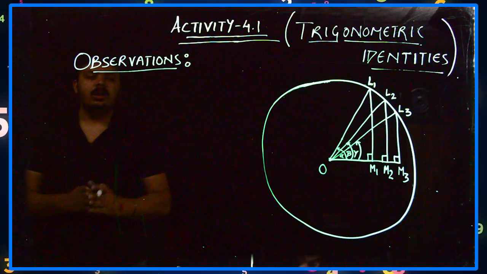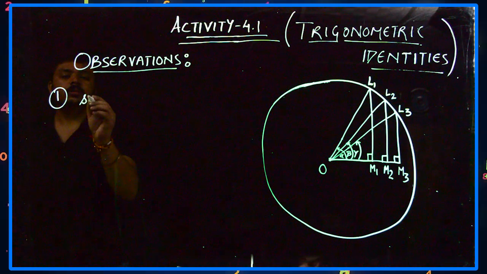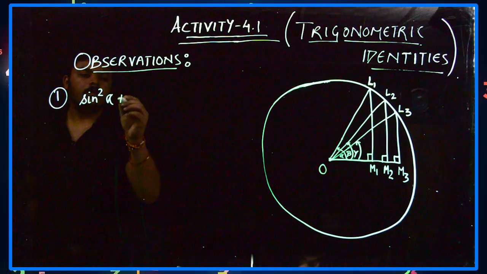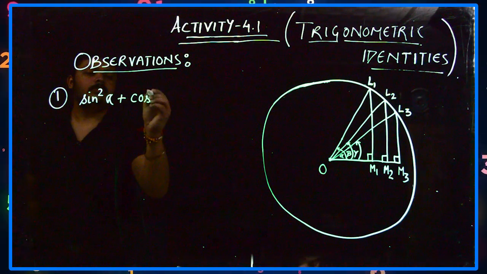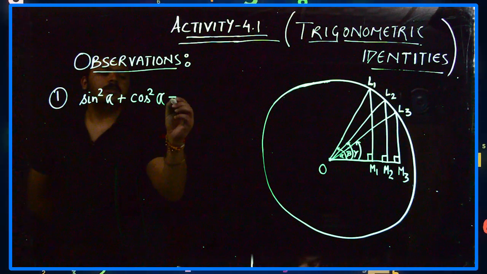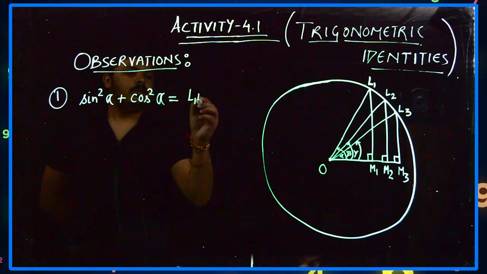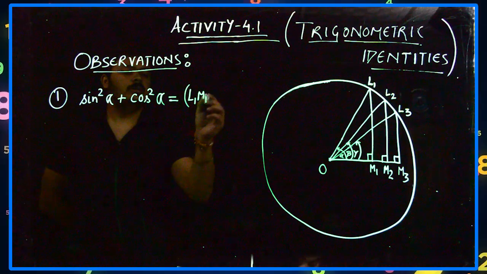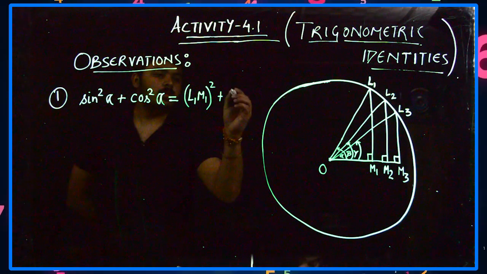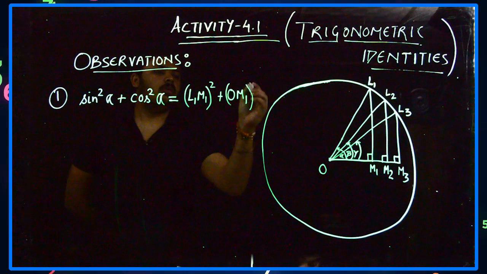So our observation for the given activity is, first, sin square alpha plus cos square alpha is equal to, since sin alpha was L1 M1 and cos alpha was OM1, L1 M1 whole square plus OM1 whole square.